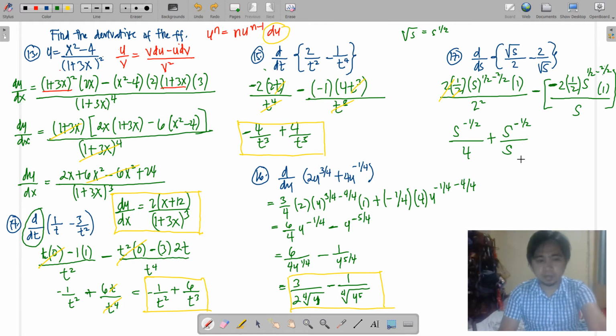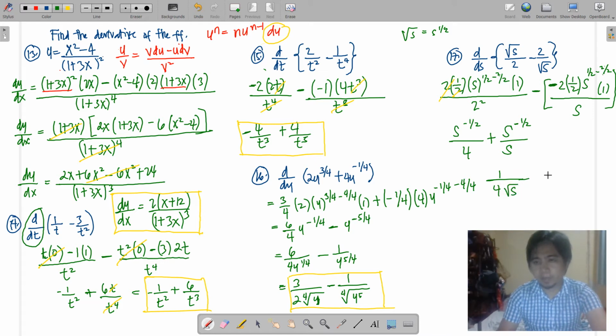So that, simplifying the terms here, all we need is to reciprocate all the negative exponents here, no? What I mean, dapat walang negative exponent. So, ibig sabihin nito, nasa baba siya. So, 1 all over 4 s raised to 1/2. And raised to 1/2 is actually square root, no?